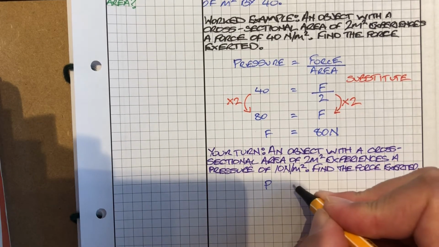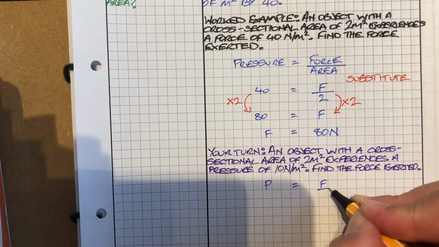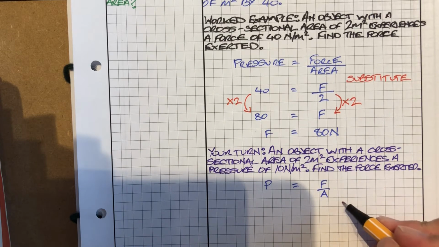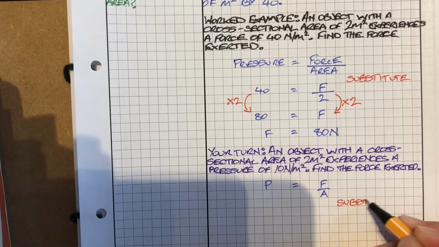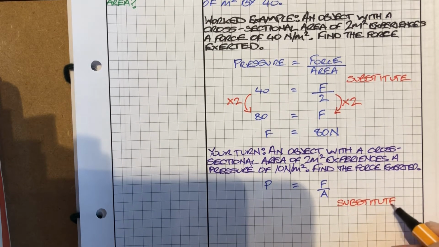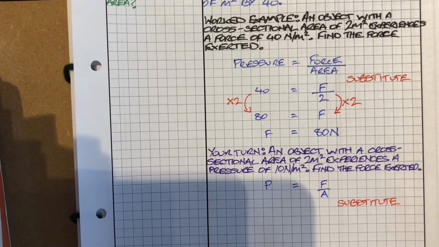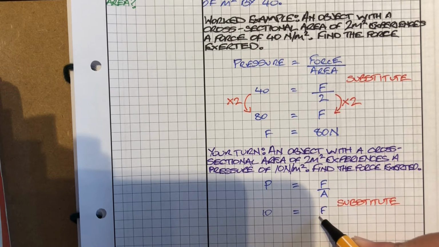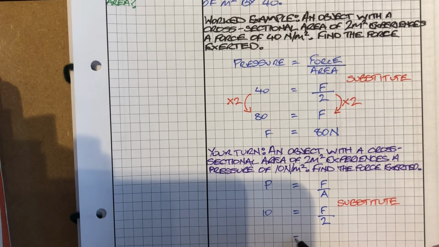So, pressure is force divided by area. Substitute into the formula, and that gets us that 10 is equal to some unknown force F divided by an area of 2. We want F on its own because we want to know what F is.